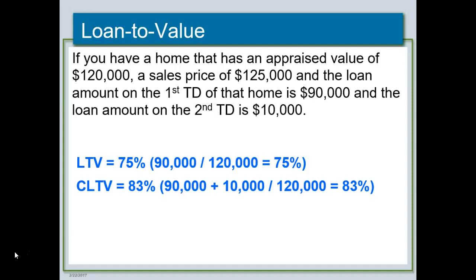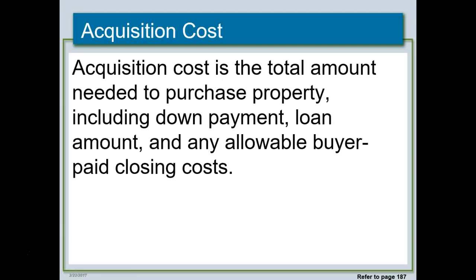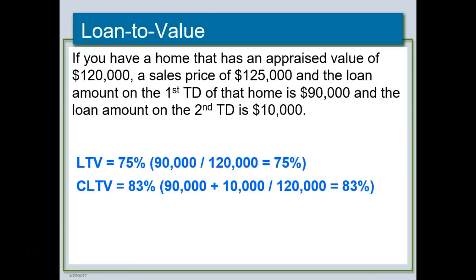Write this down if you didn't get it, because you will have to know how to calculate LTV and CLTV. Now they may ask you, because remember all the math problems aren't actually math, it could be questions. They may ask you to give them the formula for calculating LTV and CLTV, so make sure you know those as well.